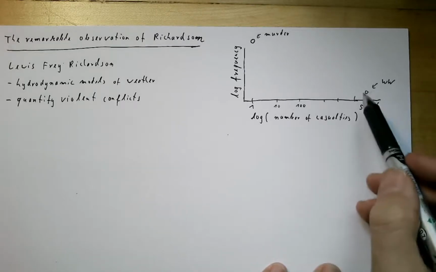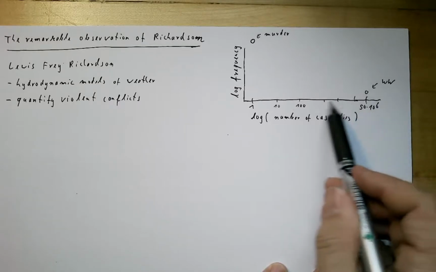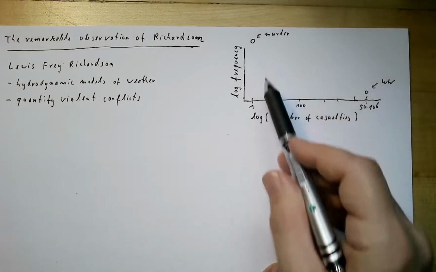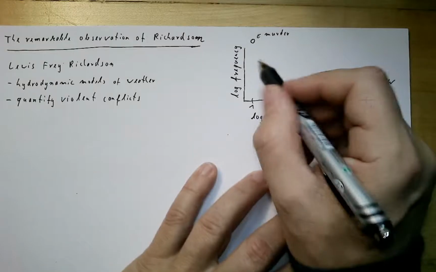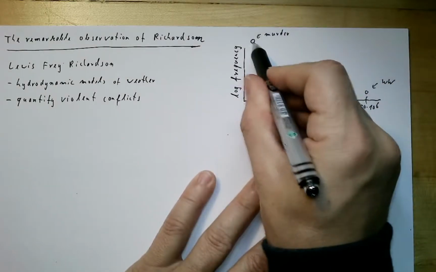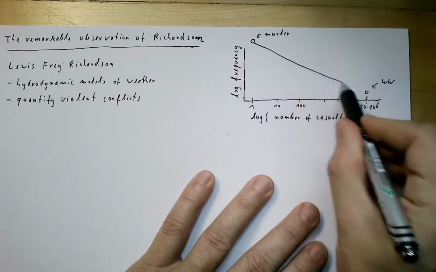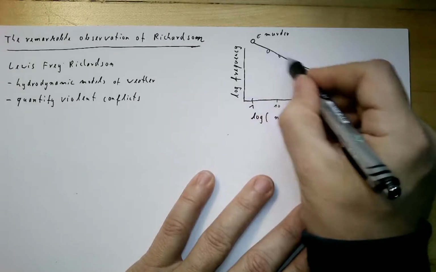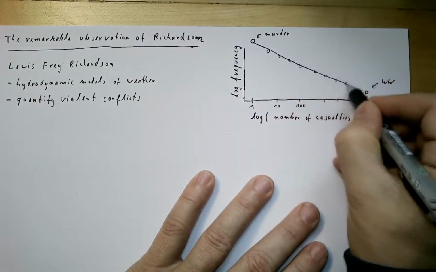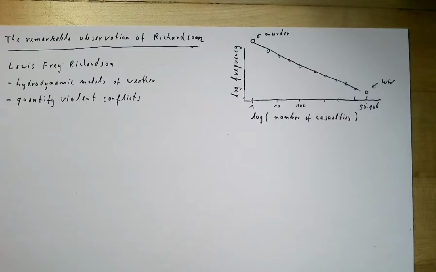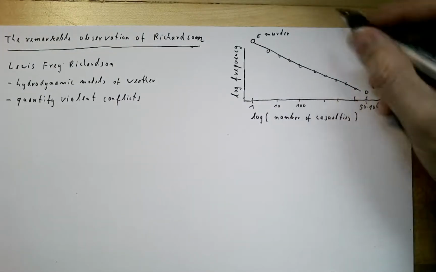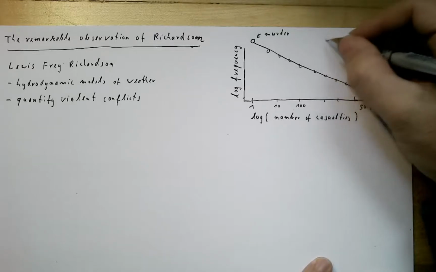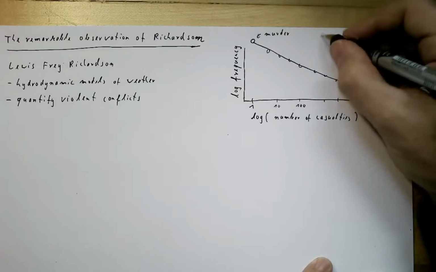So you could expect that smaller conflicts are a lot more frequent than larger conflicts. And now if you followed this lecture, you will not be surprised that this follows a power law distribution. So when he quantified this with all kinds of data and made a histogram, the number of violent conflicts scales as a power law.